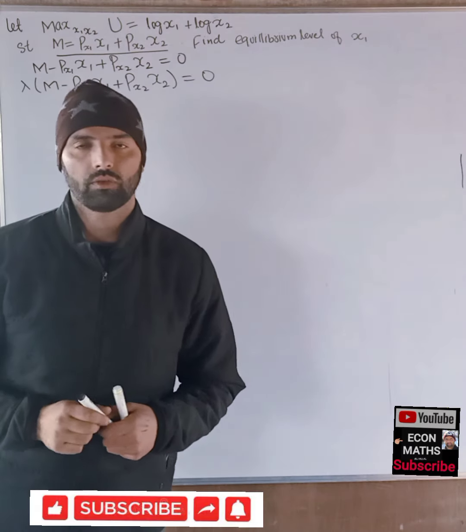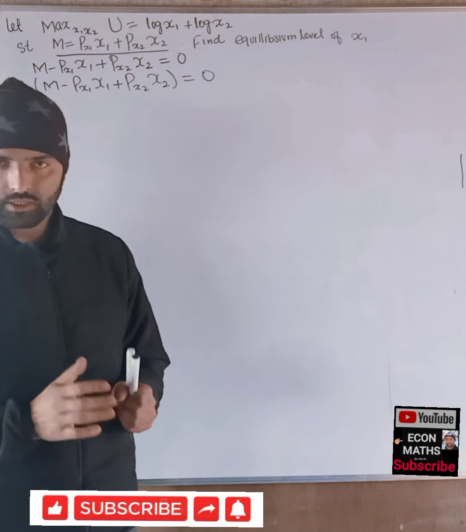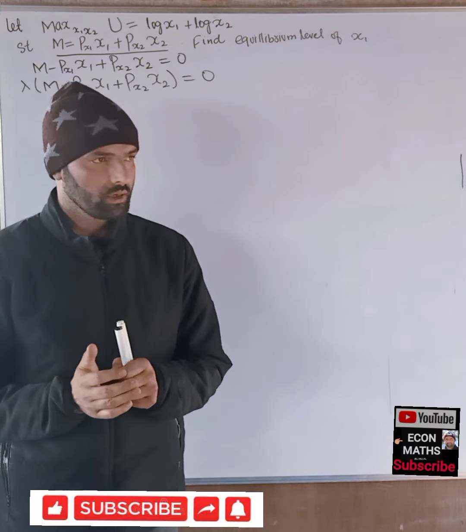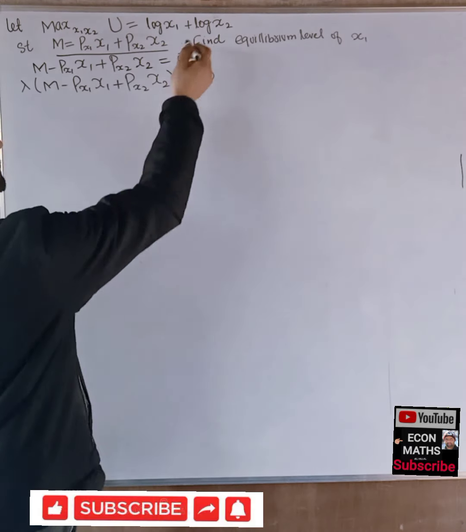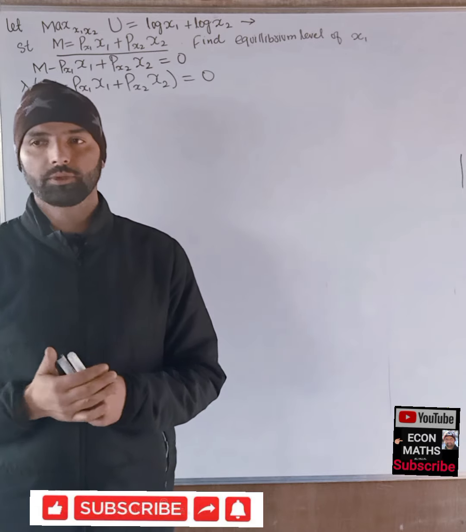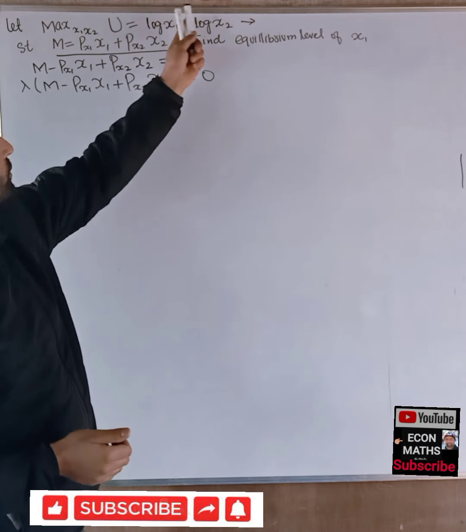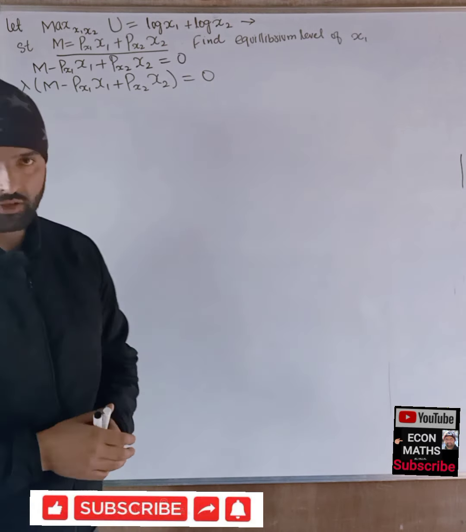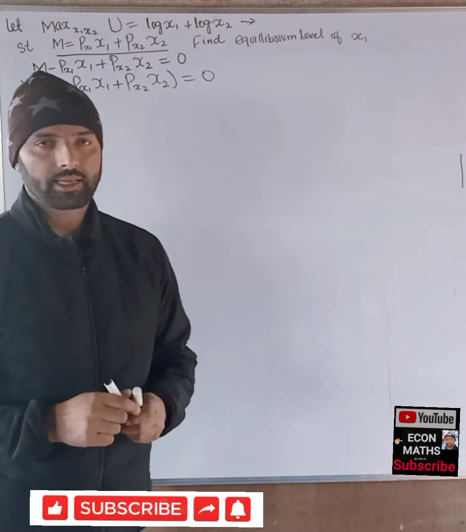Now we will form the Lagrange's function. The Lagrange's function is formed by adding the objective function, which is called the utility function in the optimization problem, and the resulting constraint function.